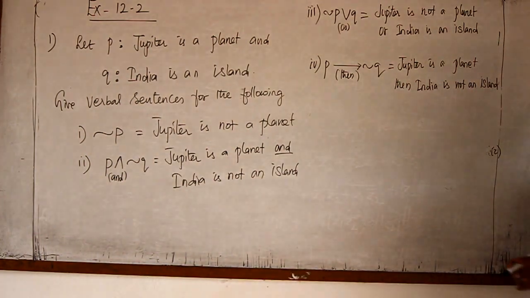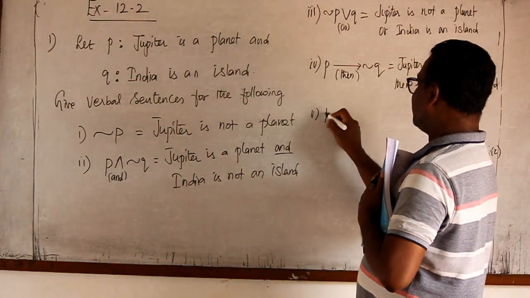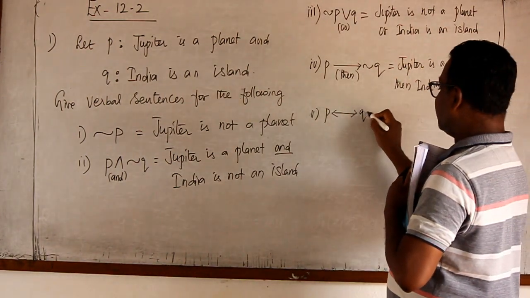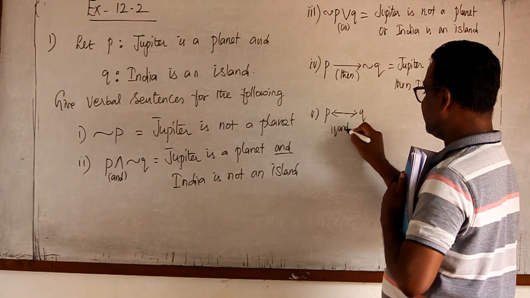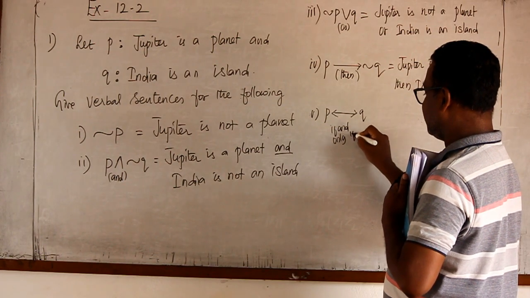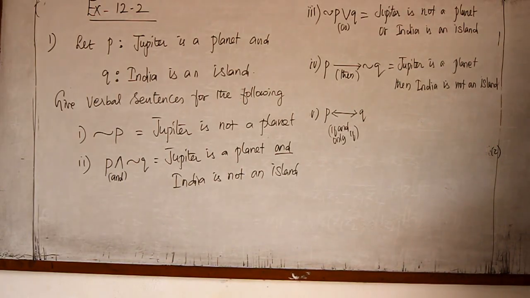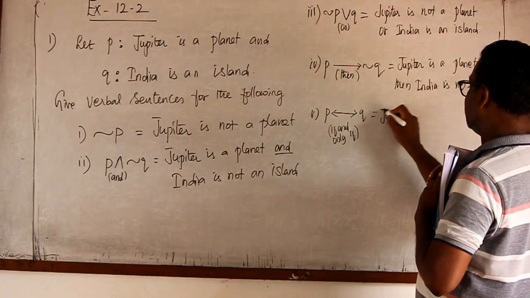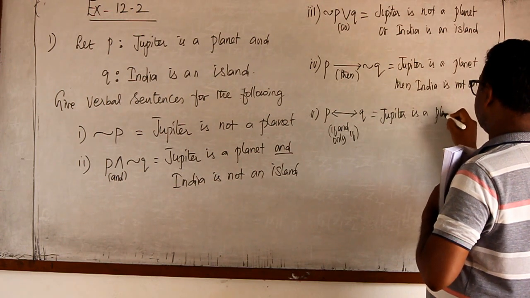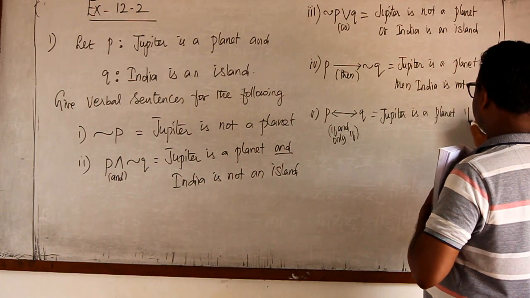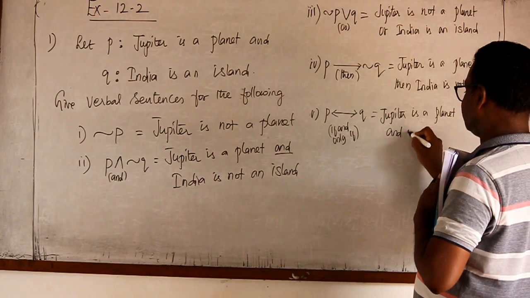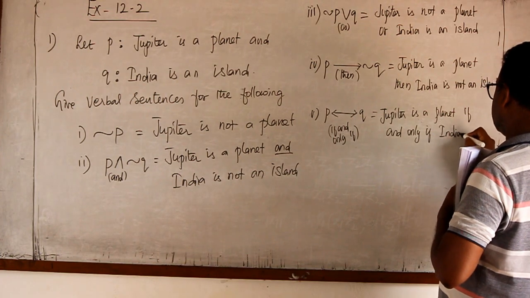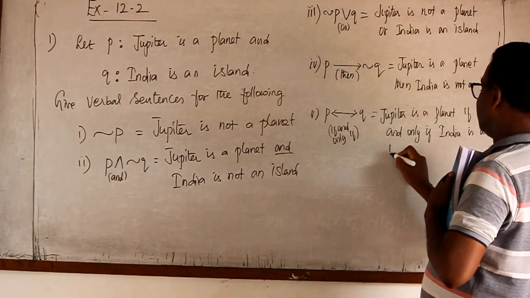That's all. Then sixth one, when I get an arrow on both sides, it's called if and only if. That means Jupiter is a planet if and only if India is an island.